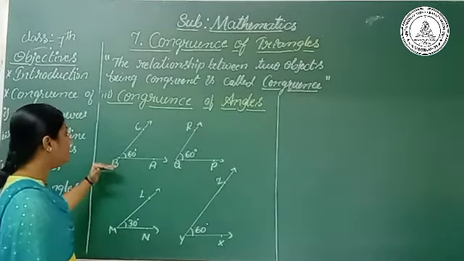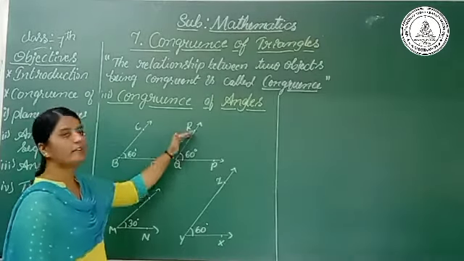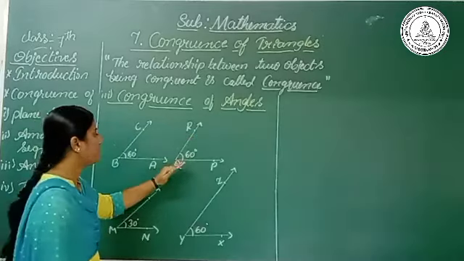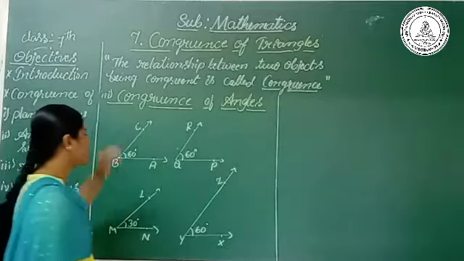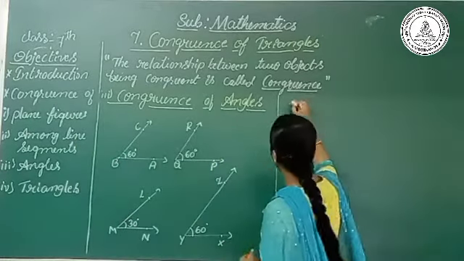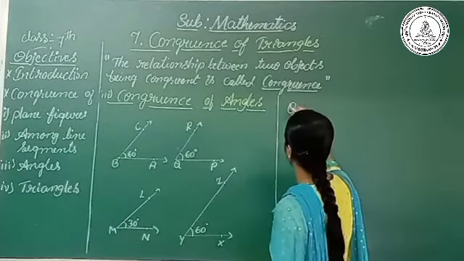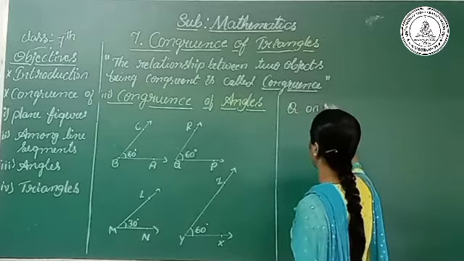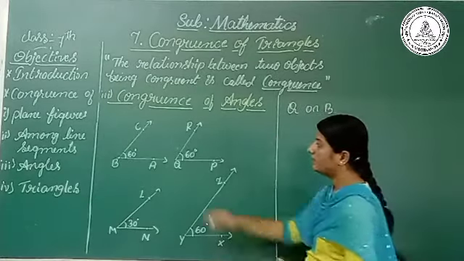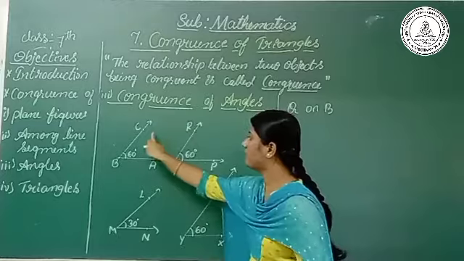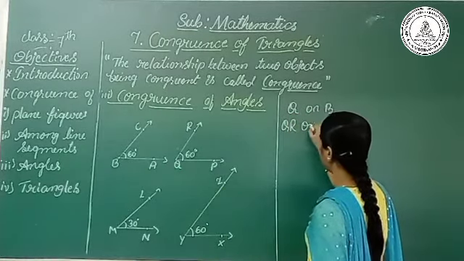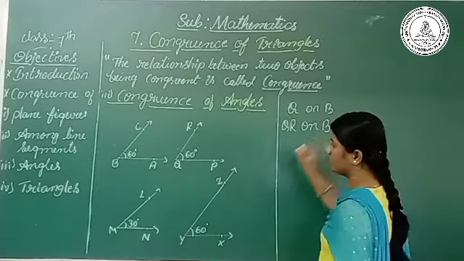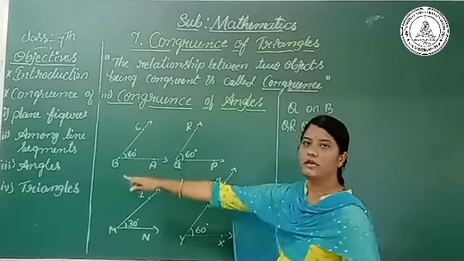So where does QR fall? QR falls on BC. So here Q falls on B, QR falls on BC and QP falls on BA.